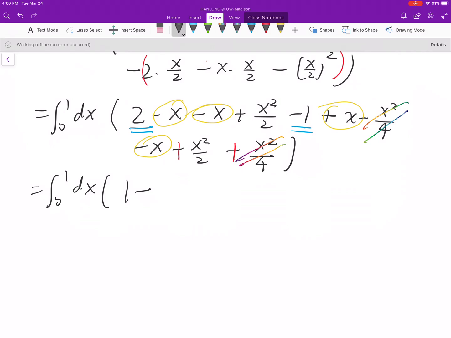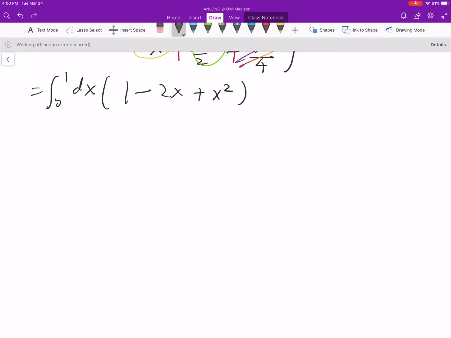So minus 2x, and then for quadratic terms, you have this. Okay, so this is what you have.